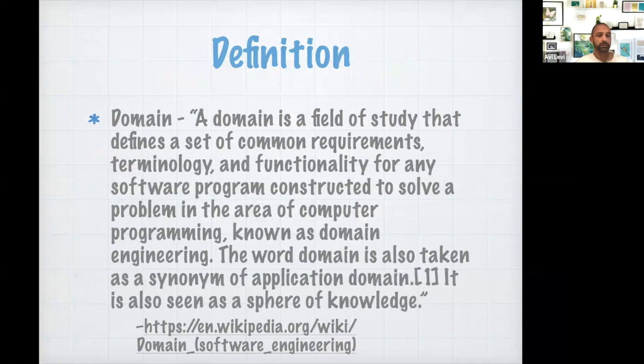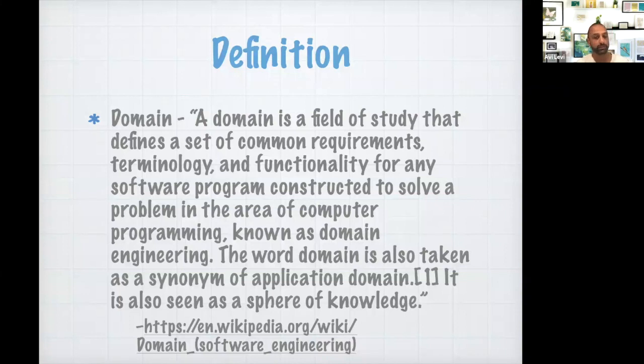Okay, so when we're saying domain, what does it mean? Well, this is a definition from Wikipedia. A domain is a field of study that defines a set of common requirements, terminology, and functionality for any software program constructed to solve problems in the area of computer programming, known as domain engineering.